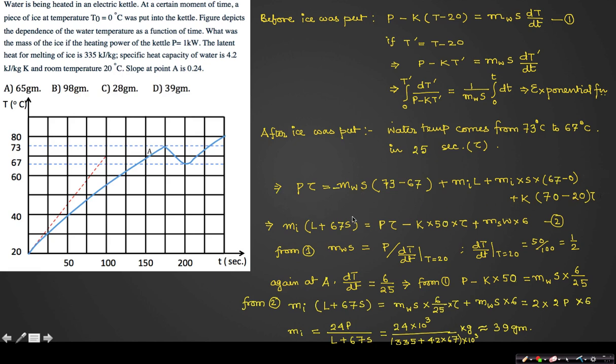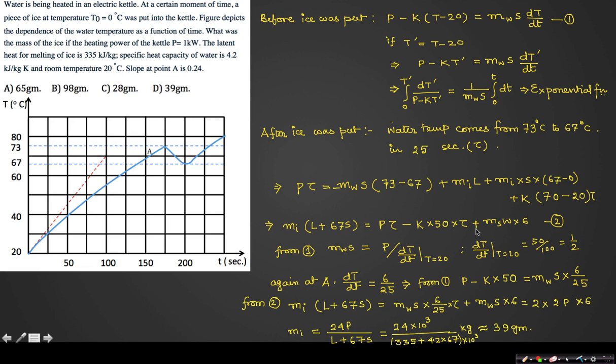And now I will just modify this equation. So Mi, mass of ice, into L plus 67S, that must be equal to P into tau, the energy provided by the kettle, minus K into 50 into tau, and when this comes to the left hand side, that will be plus.